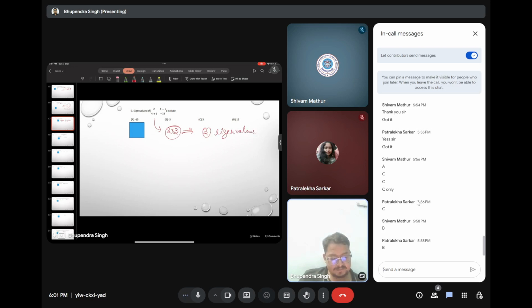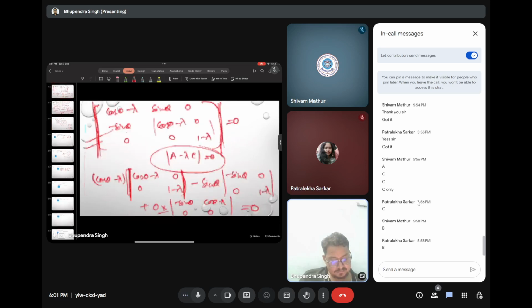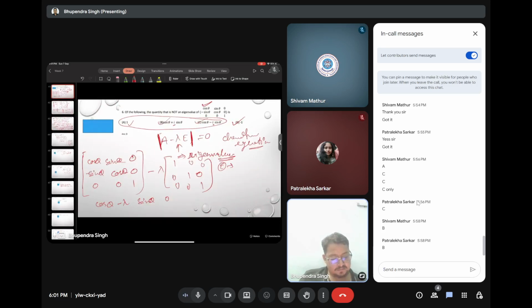If the matrix is 2 by 2, 2 eigenvalues will be there. Like in the previous example, the matrix was 3 by 3, so we got the 3 eigenvalues. Okay, moving on.